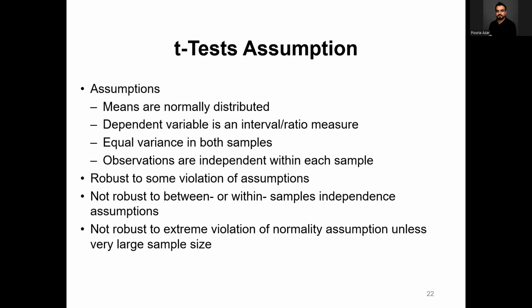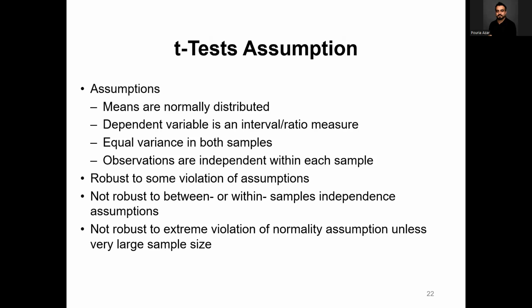So in general, the assumptions are the means are normally distributed. The dependent variable is an interval or ratio measure, not ordinal or nominal. We have to have homogeneity of variance or homoscedasticity, which means we assume equal variance in both samples.